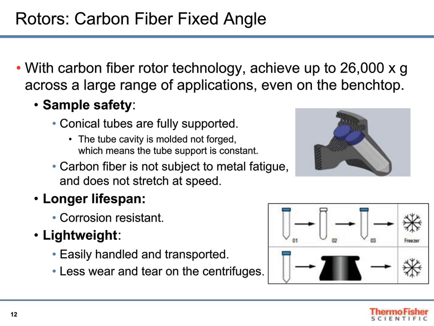And this is probably the best example of that, where by designing the rotor properly, we can support these conical tube rotors, conical tubes, up to, as you see here, 26,000 Gs. And immediately, most of my customers I talk to immediately understand that means that if you see in the lower right there, you can change the way you do things. You can actually do all your work, including the centrifugation portion, without having to change tubes.